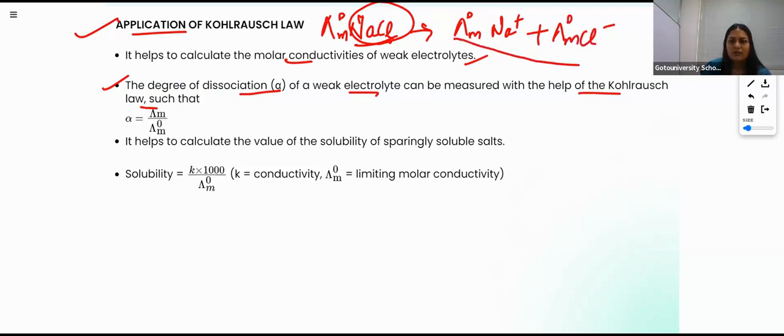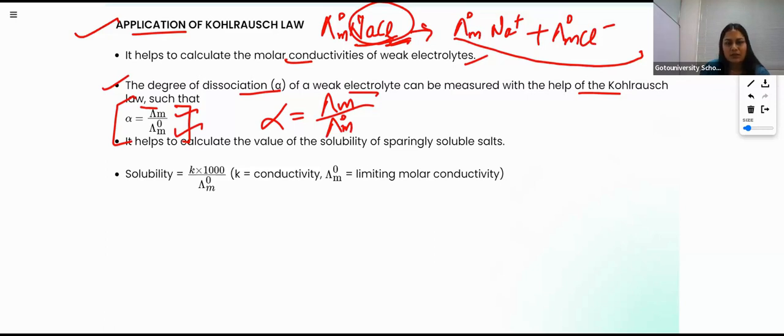So to what extent these cation and anion dissociate, we can calculate their degree of dissociation by the molar conductivity divided by its limiting molar conductivity, right? The degree of dissociation is represented by alpha, that is the molar conductivity of that electrolyte divided by its limiting molar conductivity, that is, the molar conductivity at 0 concentration, right?